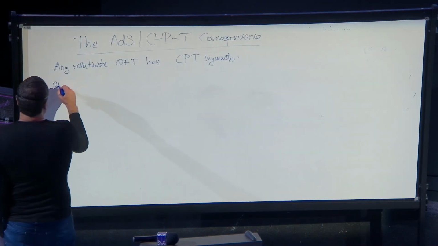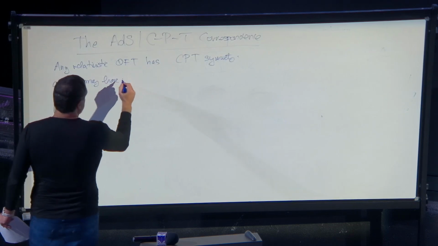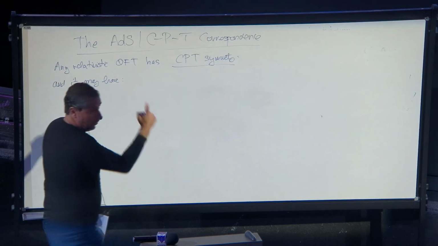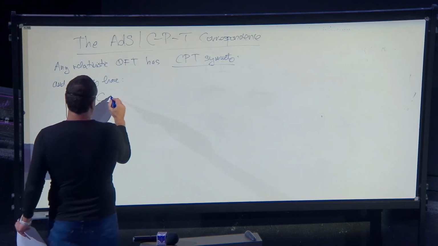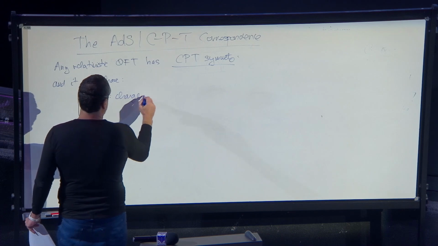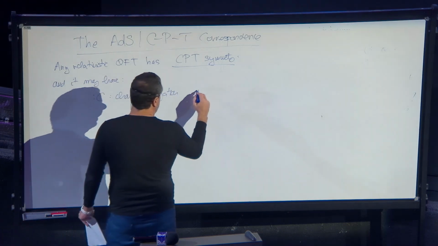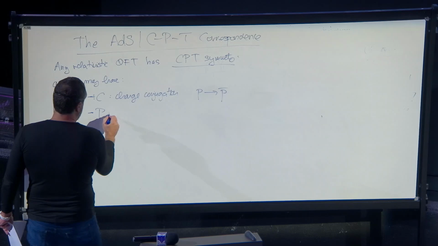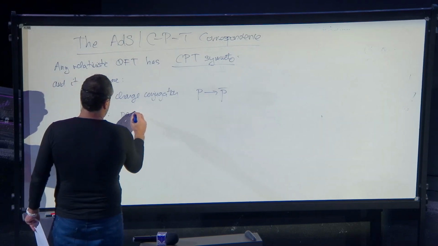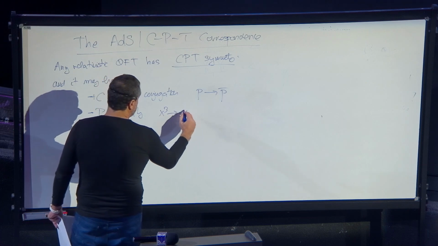This is guaranteed. What I'm going to say now is not guaranteed. It could have charge conjugation, which I call C. This is a transformation that maps particles to antiparticles. It can have parity, which I will take to act by reflecting one of the space-time coordinates.